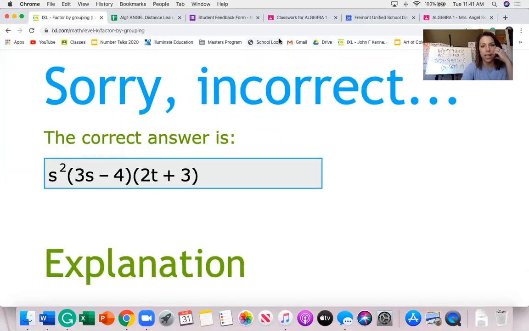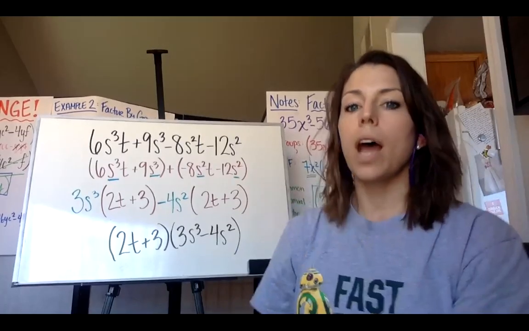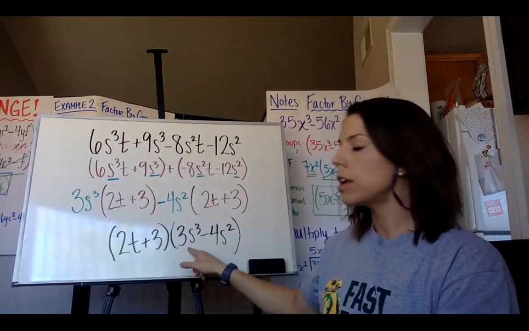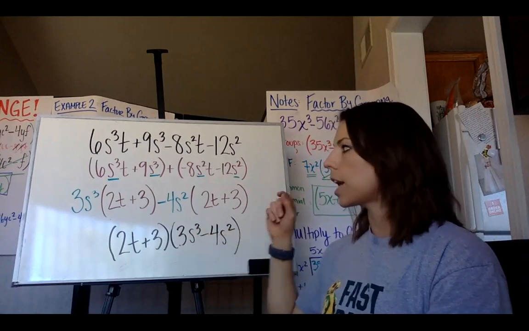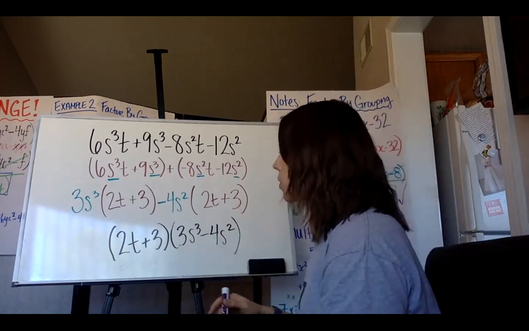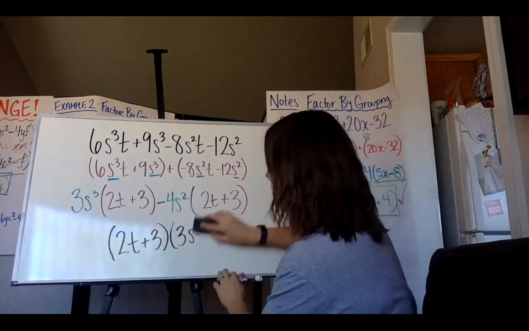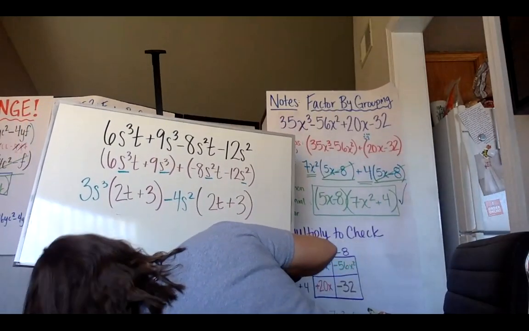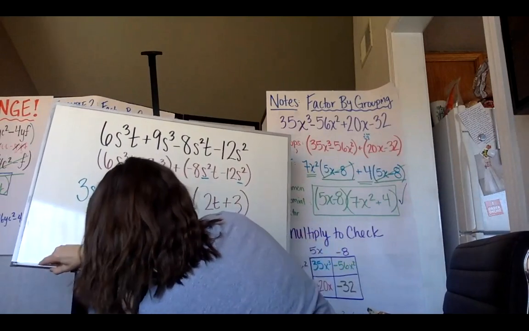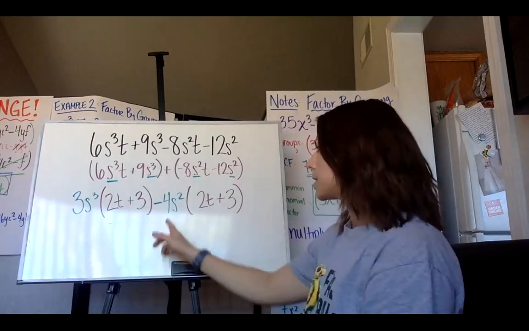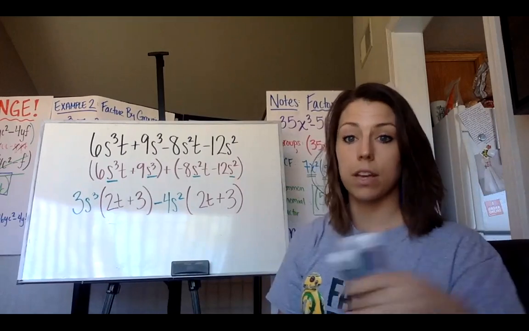Let me show you what IXL is asking you to do, which is why I'm not requiring that you get all the way up to this point. What IXL sees is that there is still some factoring that can go on here. 3s cubed and 4s squared have something in common: they have s squared in common. So if I were to fully factor this, I would have to notice that these two terms still have a GCF in common.